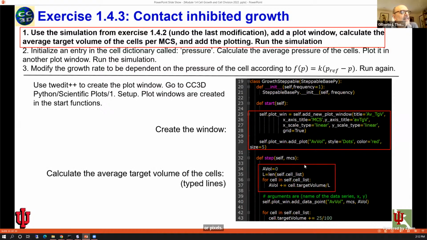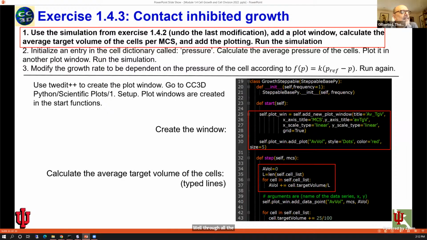Here, you make a small code to calculate the average volume. How do you do that? Well, average vol equals 0. You define a variable where you're going to store the average volume for the whole system.